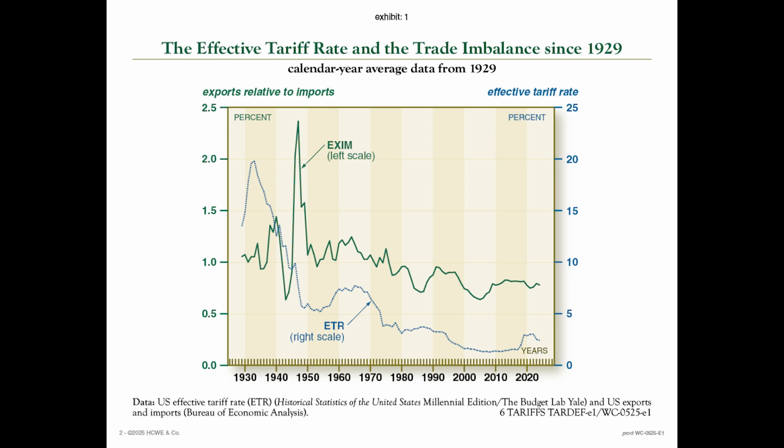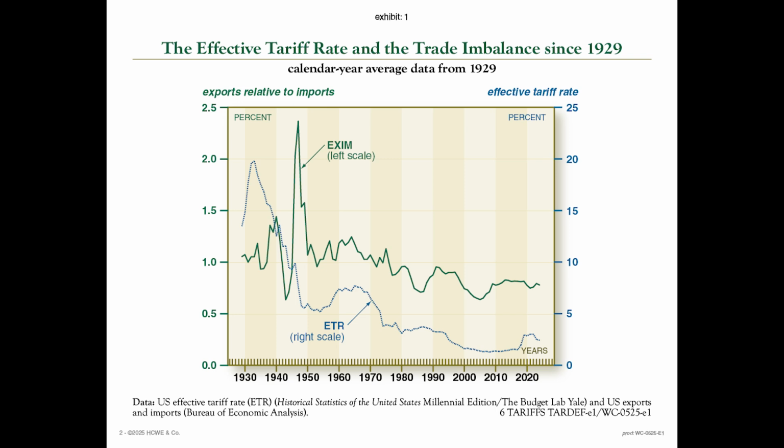But the extreme part of it was really an extraordinarily unusual time just after the Second World War, when the whole world was in pretty much economic chaos, particularly in Europe. You see here the dotted line is the effective tariff rate, and that too was very much higher in the past, especially in the early 1930s, after the Smoot-Hawley Tariff Act was passed.